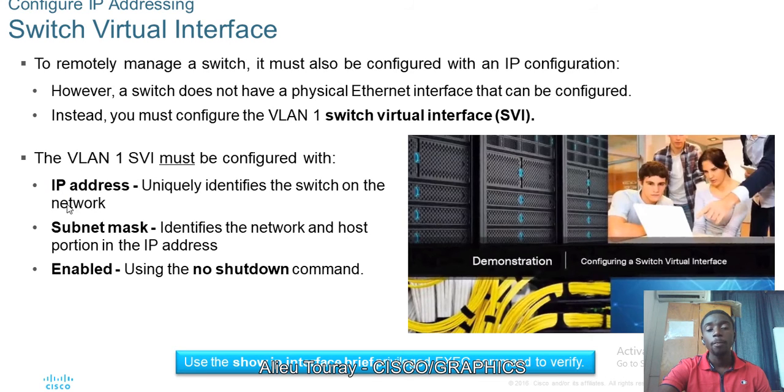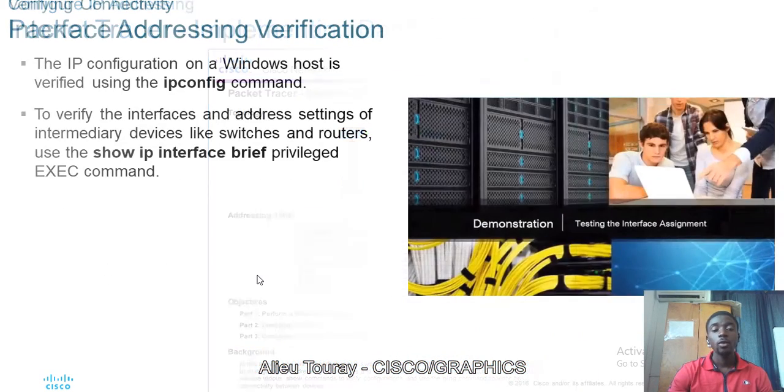But if the switch does not need to be accessed outside of the LAN, it does not need the default gateway. So the default gateway is only configured when your devices are to be accessed outside of your LAN. Whenever you're done with the IP configuration and subnet mask, you have to enable it by typing no shutdown. I'll show you guys this, and that's basically the configuration.